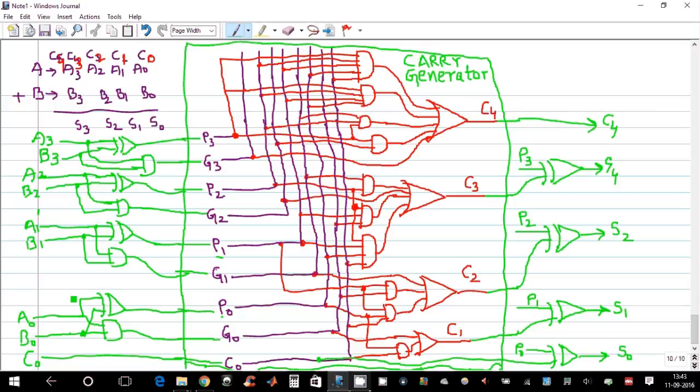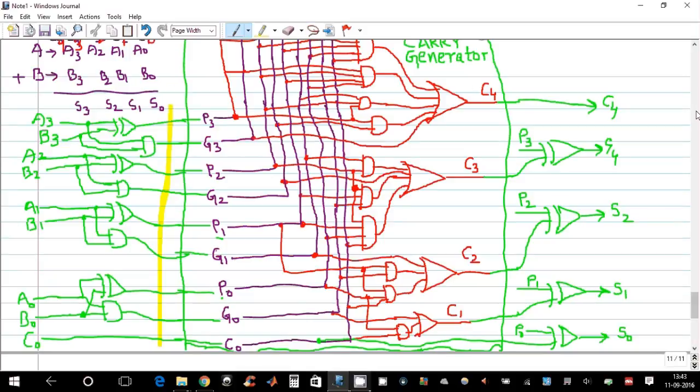So in stage 1, up to here, the delay is equal to the maximum of the delay of the XOR gate and the AND gate. Obviously the delay of the XOR gate will be more than the AND gate, so I am directly writing that it is equal to the delay of the XOR gate up to stage 1.